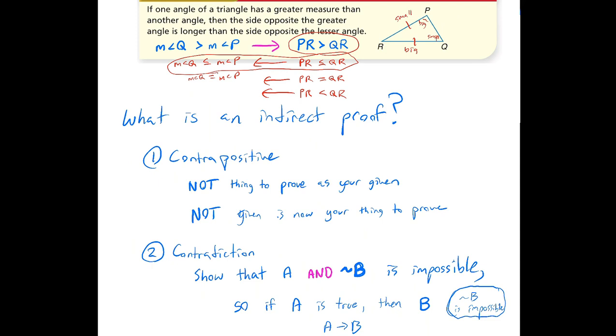So that would mean that measure of angle Q is less than measure of angle P. So putting those together, we do get this is true from this given. So we just proved the contrapositive. So we actually could do this. Now, again, I'll leave it there for you. I don't want to get into that.